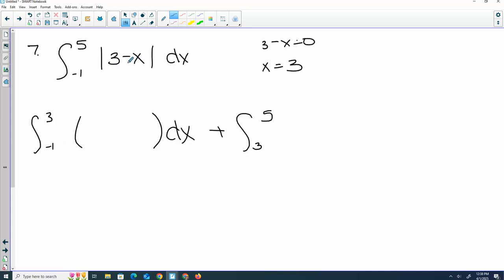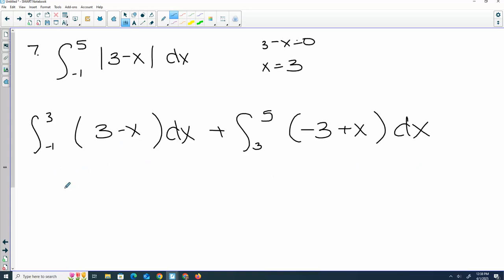If you plug in 0, 3 minus 0 is 3. Does the absolute value change it? No, so it's just staying the same. If you put in a number between 3 and 5, like a 4, 3 minus 4 is negative, so we have to do the opposite, so negative 3 plus x. Because the absolute value would change it to make it a positive.